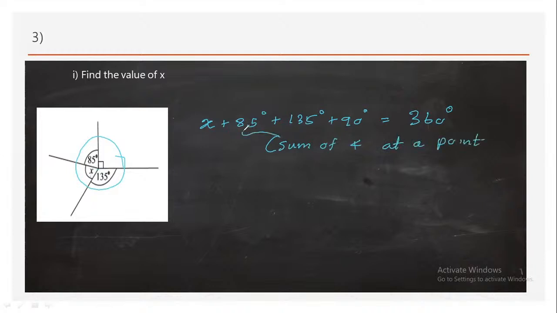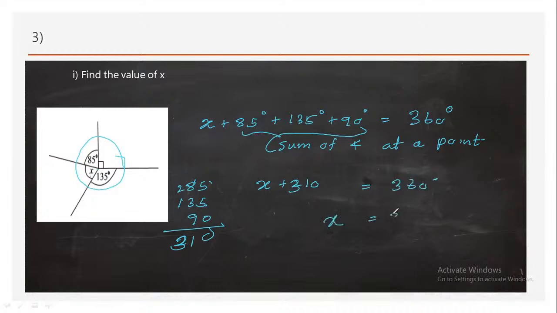So add these all: 85, 135, 90. 5 and 5, 10, 1 remainder, 9 and 3, 12 and 9, 21, 1 remainder, 210. x plus 210 equals 360, so x equals 360 minus 210, which is 150. Wait, 310 was said: x equals 360 minus 310, x equals 50.